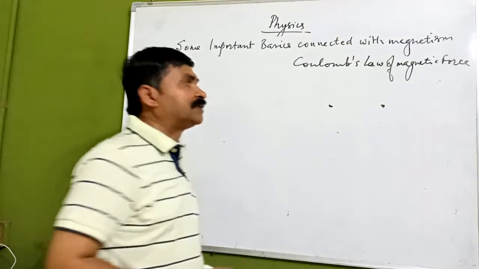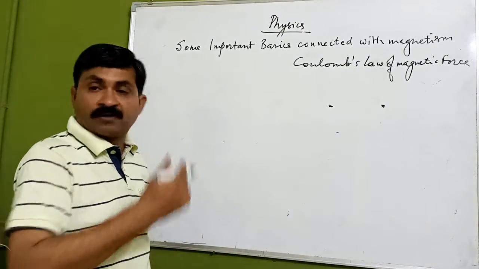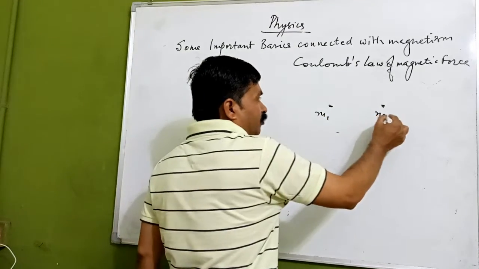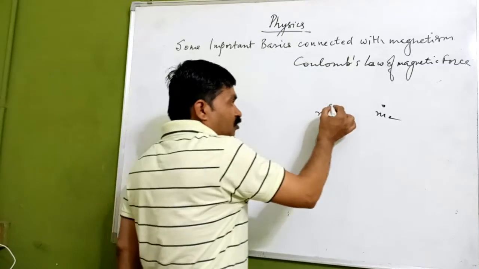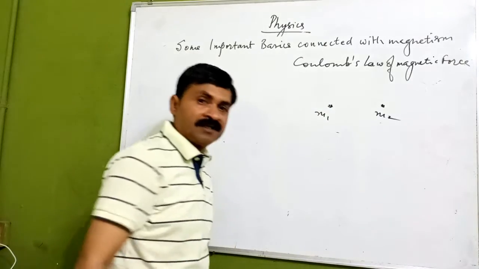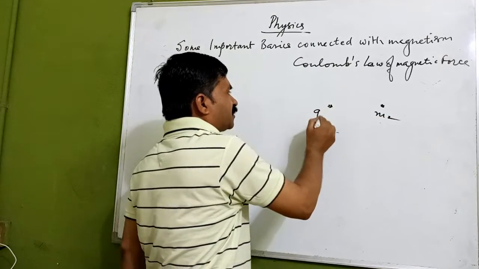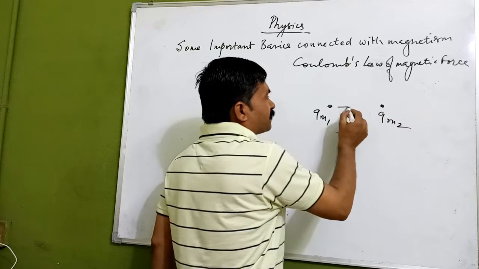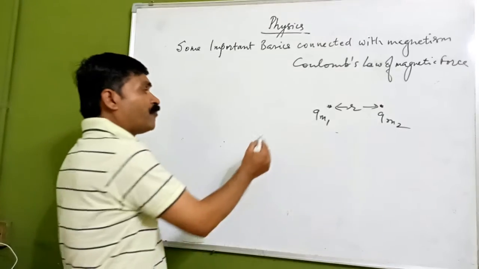So Coulomb has given a law, just like Coulomb's law for electrostatic force. Here, if we assume two poles having some pole strength, say Qm1 and Qm2, separated at a distance of r, then there will be a force.